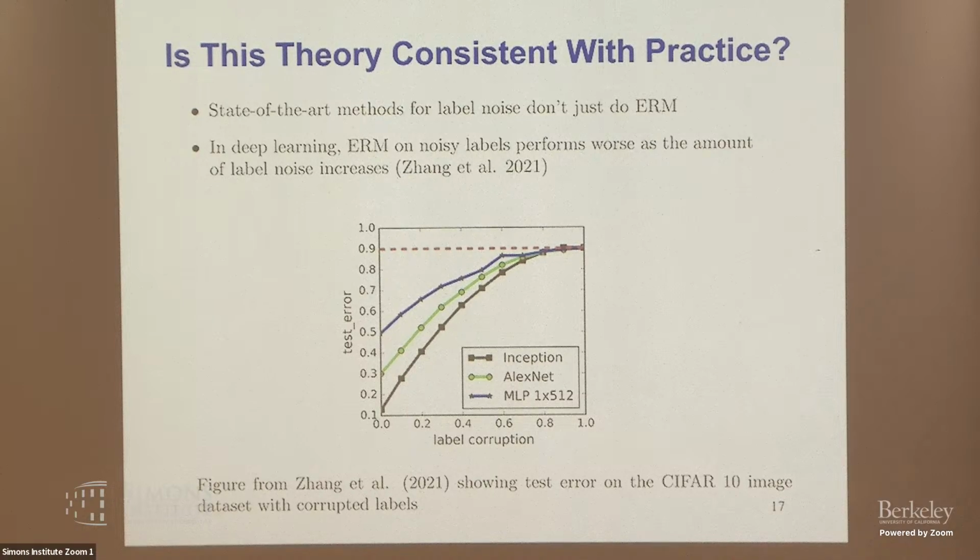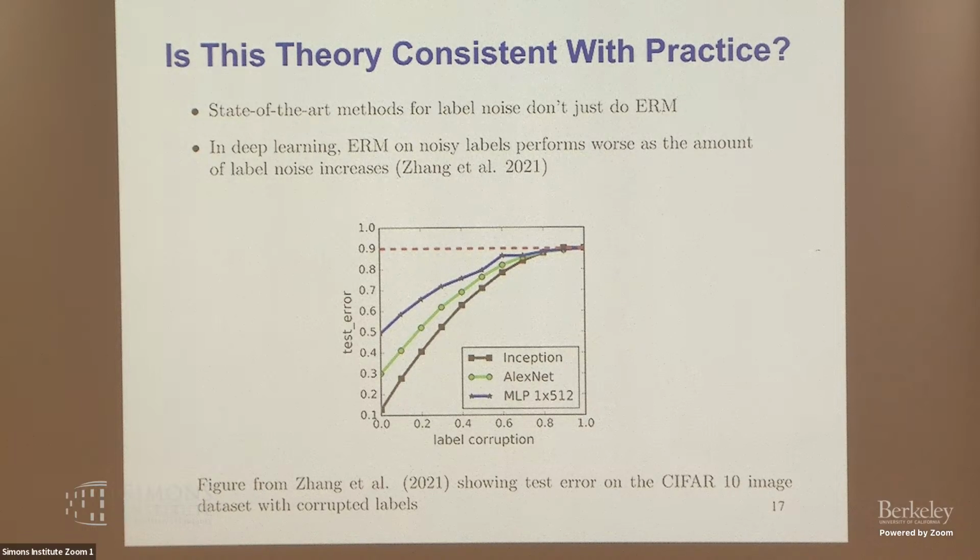Okay, so that's all fine. That's the theory. Is this theory consistent with practice? I stated I wanted a model for posterior drift that was realistic. Your first reaction might be that this doesn't quite make sense as realistic or consistent with modern practice.